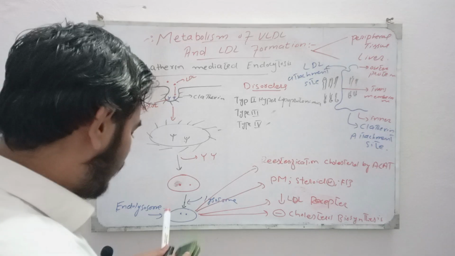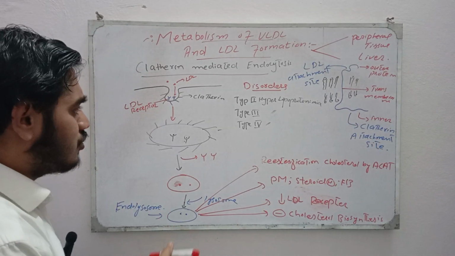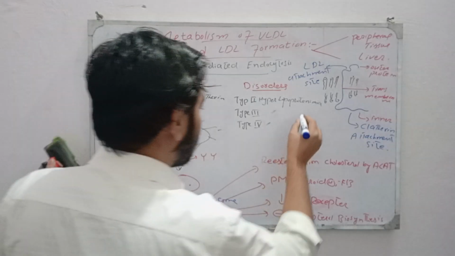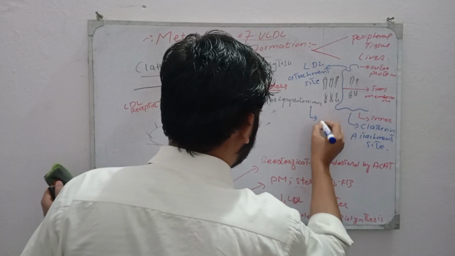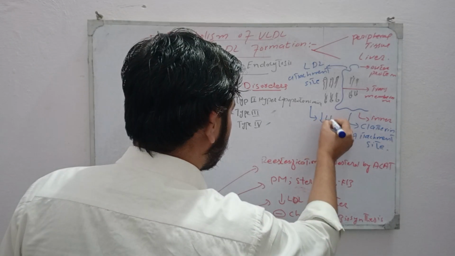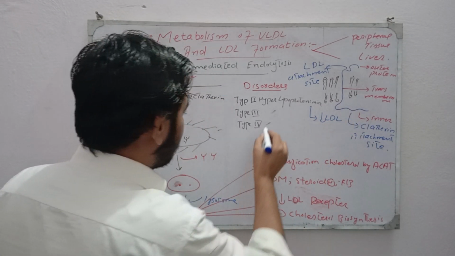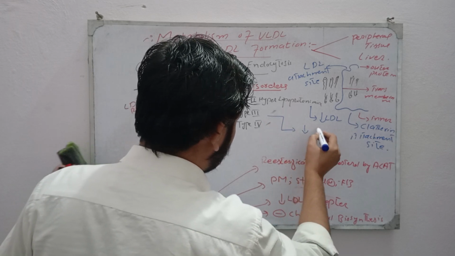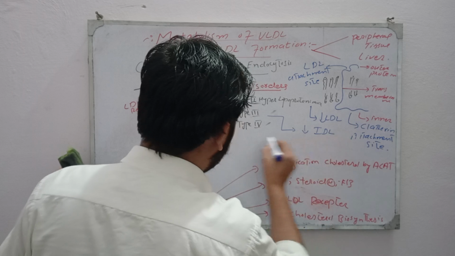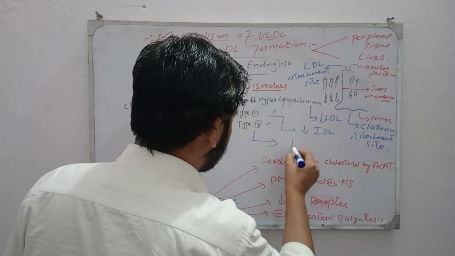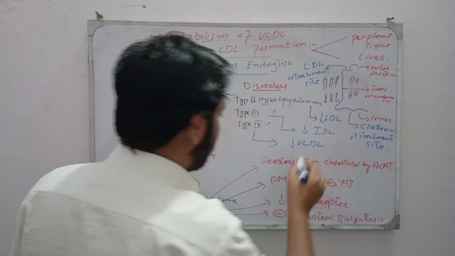Type 2 hyperlipoproteinemia is due to the deficiency of LDL. Type 3 hyperlipoproteinemia is due to deficiency of IDL, while type 4 hyperlipoproteinemia is due to deficiency of VLDL.